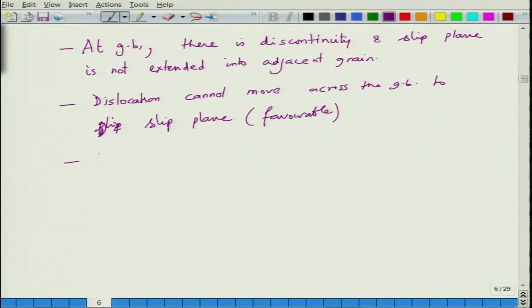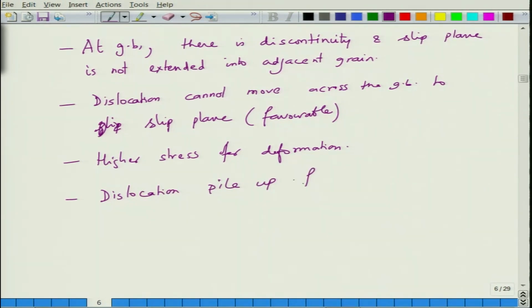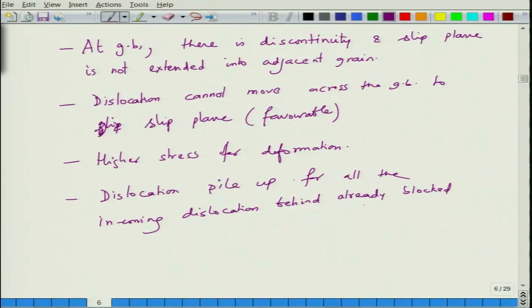So, as a result this causes higher stress for deformation, and this also leads to dislocation pile up for all the incoming dislocations behind the already blocked dislocation.